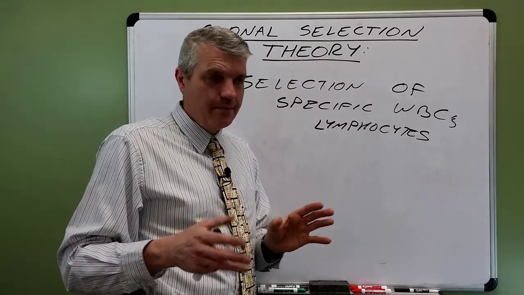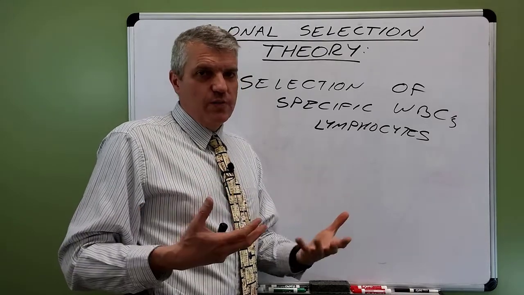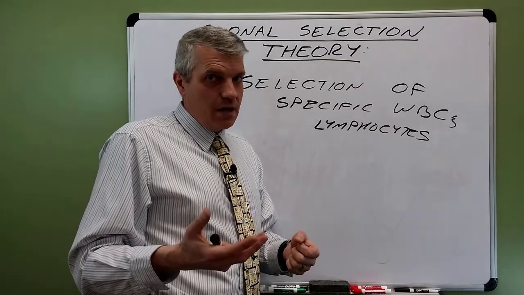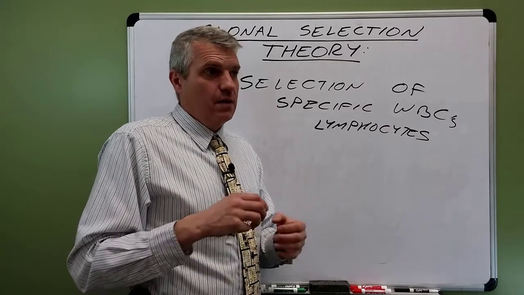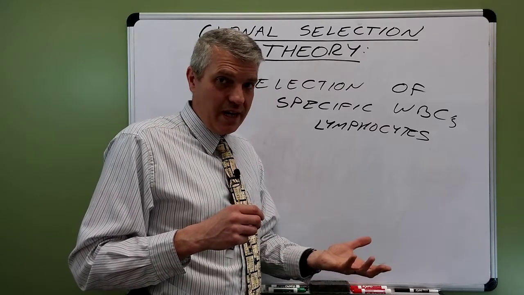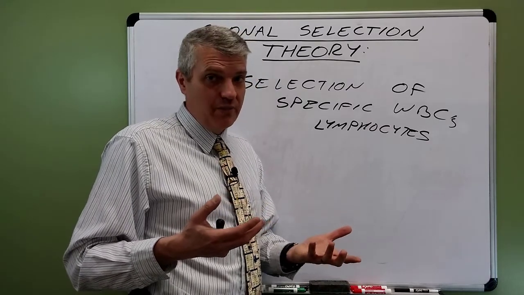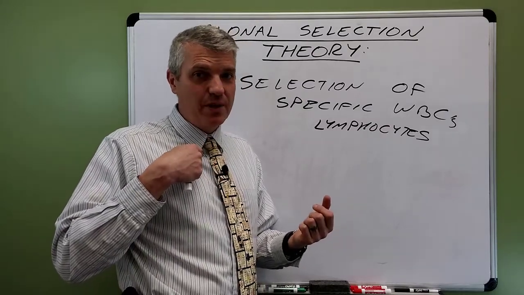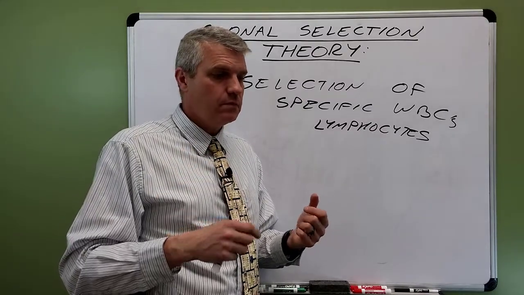Here's what I mean by that. As your immune system develops, billions of lymphocytes go through development in your red bone marrow, those are the B lymphocytes, and billions of lymphocytes go through development in a gland called the thymus, which is in your chest.